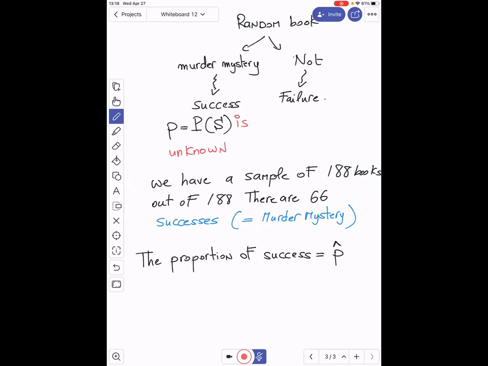P is the probability of success, but this proportion of success is not exactly P. This is a different thing. The proportion of success is just the number of successes in the sample over the size of the sample.